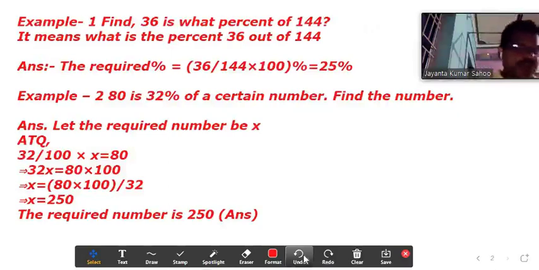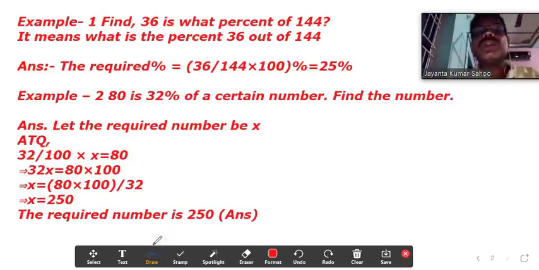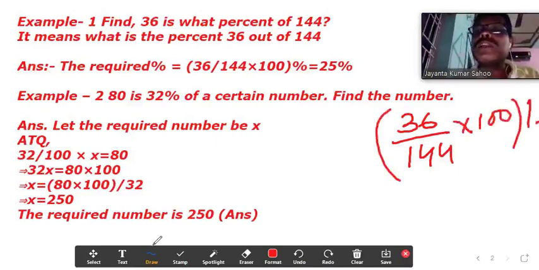Children, now see example 1 in your book, page number 77. What question is given? Find 36 is what percent of 144? It means what is the percent of 36 out of 144. If we write it as a fraction, it is 36 divided by 144, and to convert this fraction into a percentage, multiply by 100, then give the percentage sign.